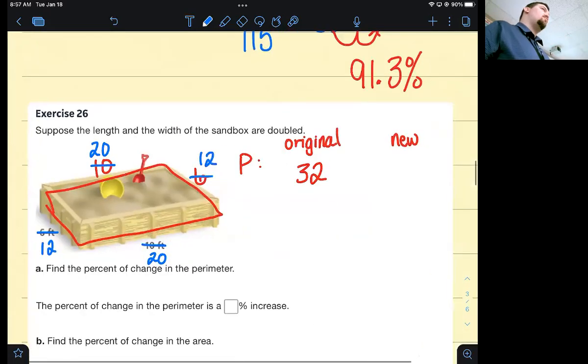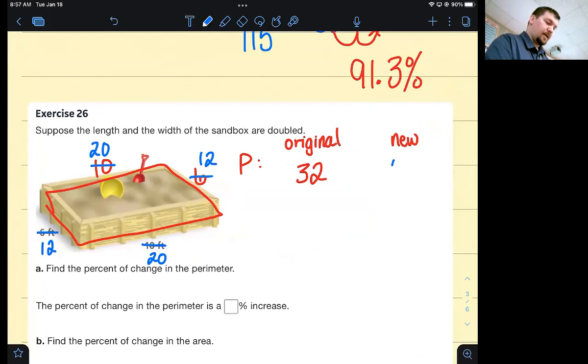So what would the new perimeter be? 12 plus 20 plus 12 plus 20. Hayden? Not 52. Addison? Not 72. Lucas? 64. Yeah, the new one's going to be 64. 20 and 20 makes 40. 12 and 12 makes 24. And 40 and 24, 64.